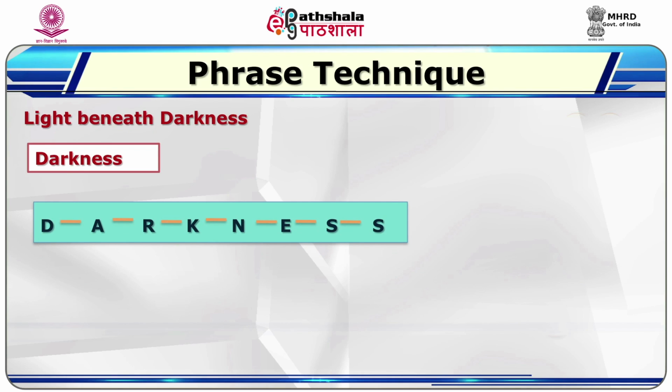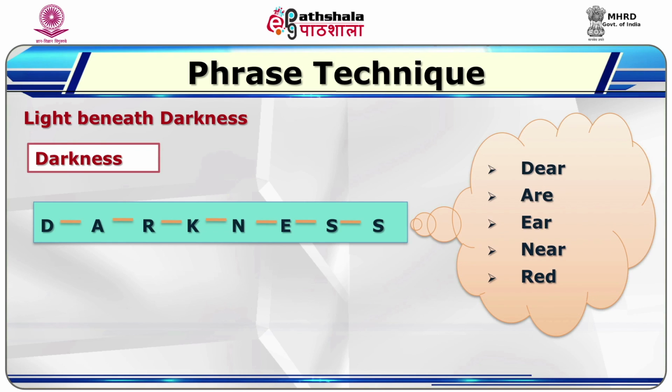T, A, R, K, N, E, S, S. Now ask the learner to make new words with the help of these alphabets, such as R-A-N ran, N-E-A-R near, D-E-A-R dear, R-E-A-D read, E-A-R ear, A-R-E-A, and so on.